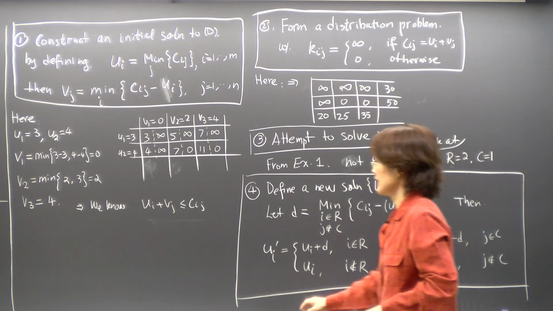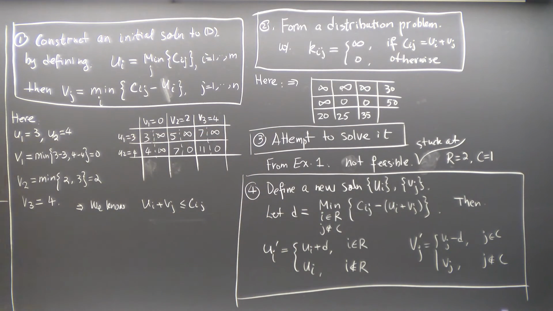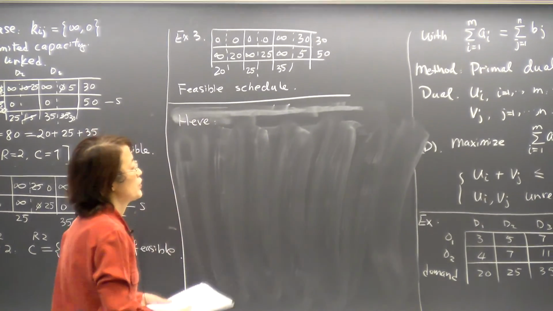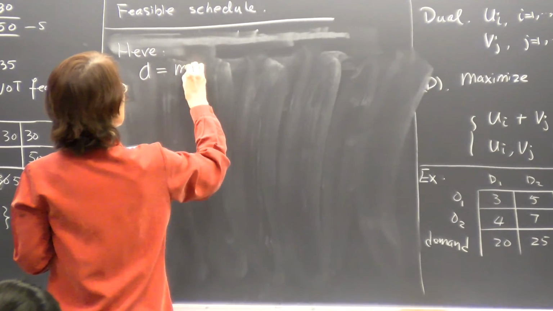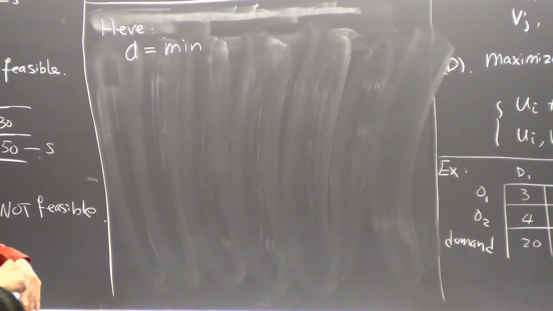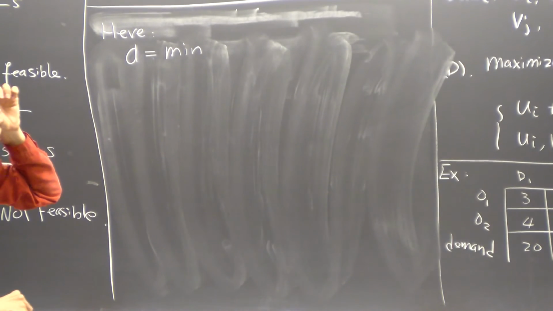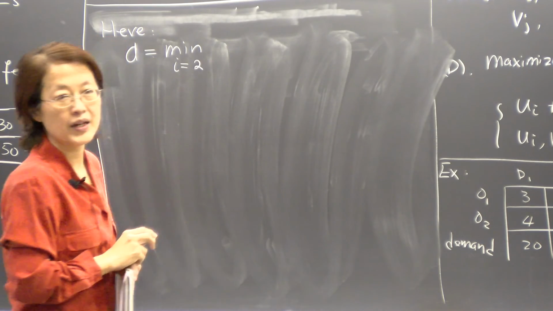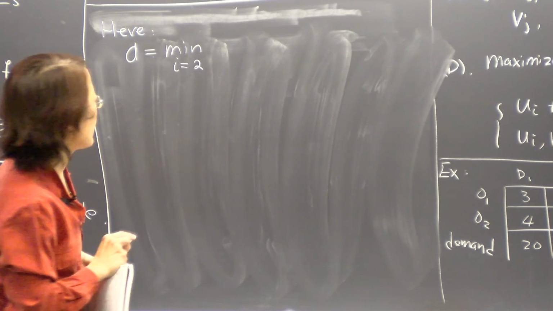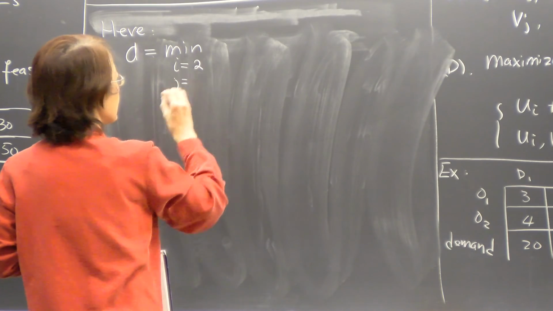Let's see if I can apply this to my example. Let's continue from here. For our example, how would I compute the d? So d equals minimum over what? Let's figure out the set first. i in R is 2, is that right? And j not in C, going through all the other indices.